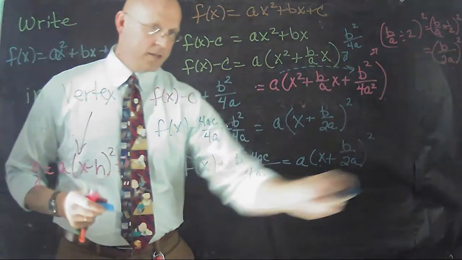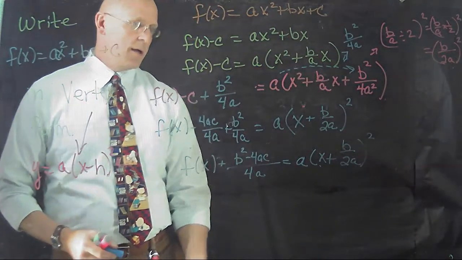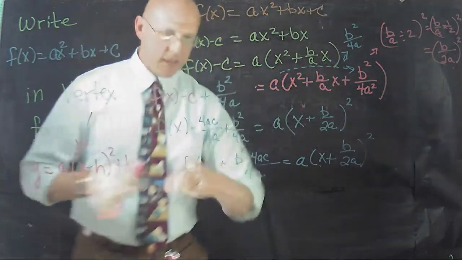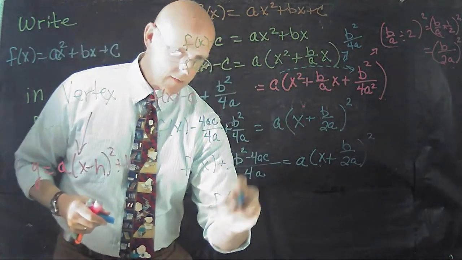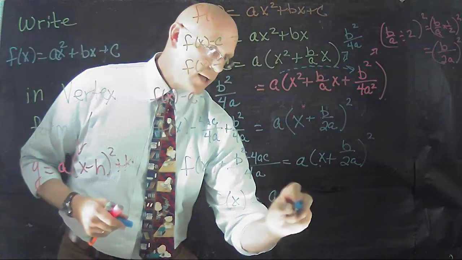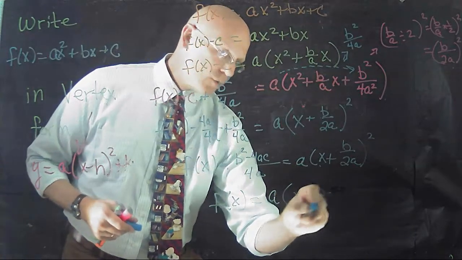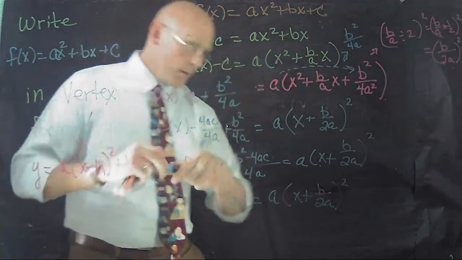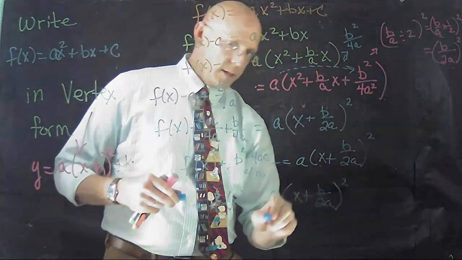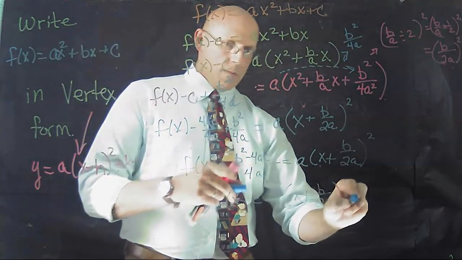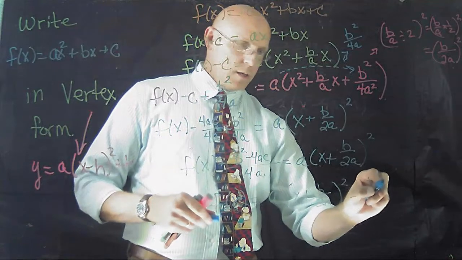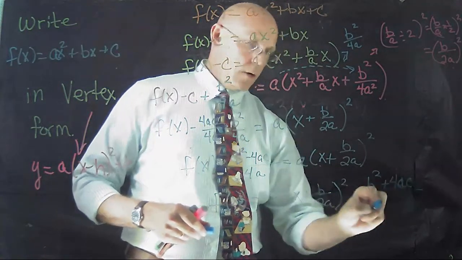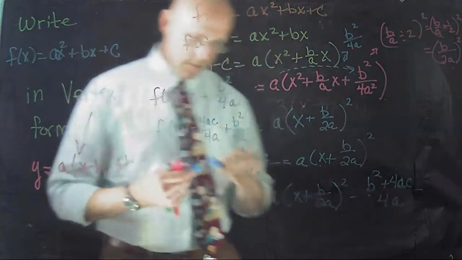And then I'd have to move this to the other side as well. Now, that is so much to look at here. So it looks like f of x is equal to a times x plus b over 2a, the quantity squared, and then this is going to be minus b squared plus 4ac all over 4a.